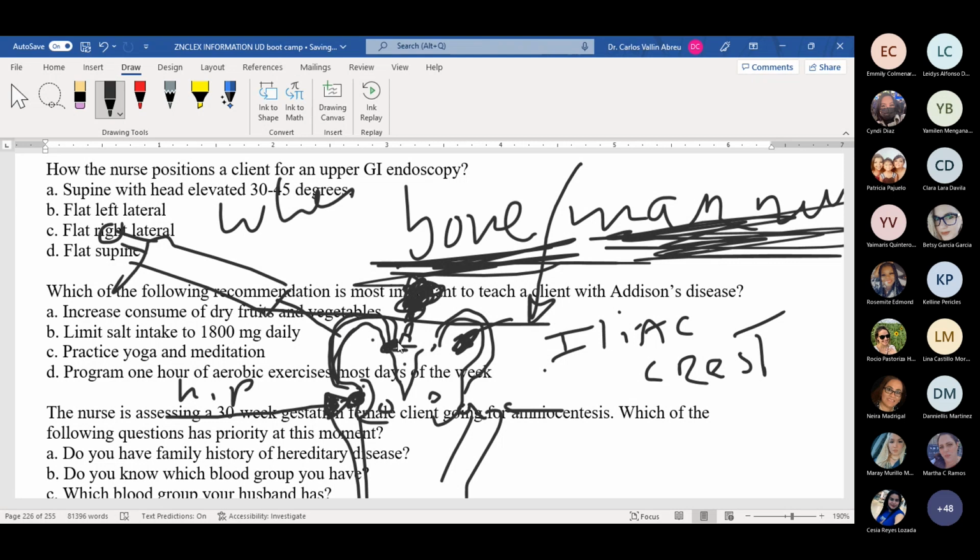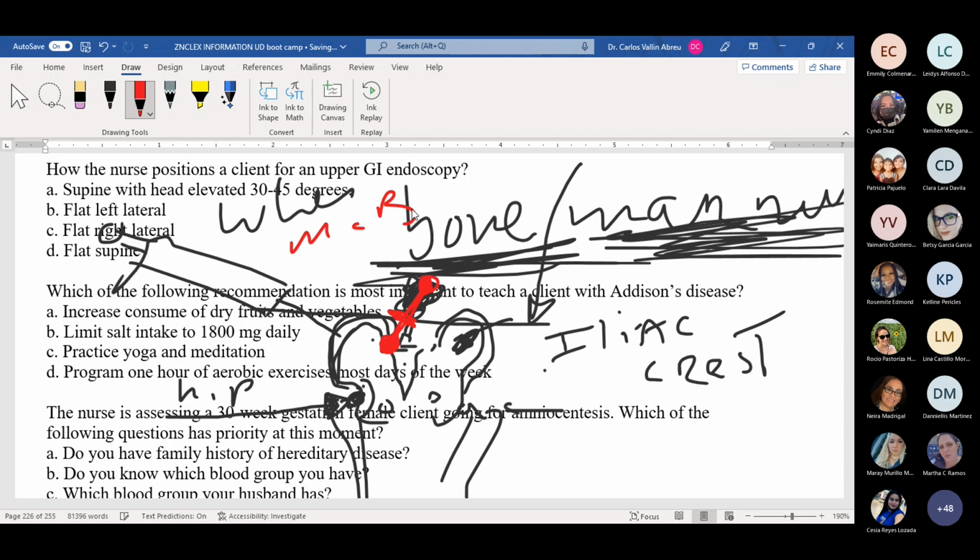Here in this part of the iliac crest, you have the anterior superior iliac spine. And here is the navel. If you draw an imaginary line between the navel and the anterior superior iliac spine, at the junction of the middle third and the distal third, you have the McBurney point.